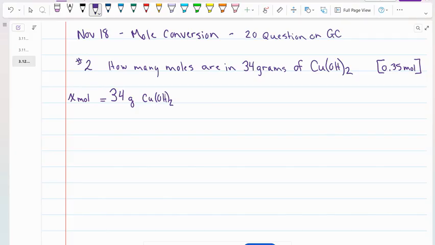Well, we know that we need our molecular mass, right? And our molecular mass, or molar mass in this case, is going to be 1 times a copper, 2 oxygens and 2 hydrogens. So 1 copper, if we look it up on our periodic table, is 63.546.